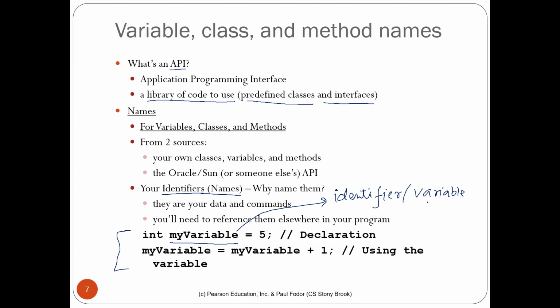What is a variable? We need variables in our program so that we can store some data. Since programs mostly work on some data, we need to store that data in our program. So let me write that note right here. What is a variable?